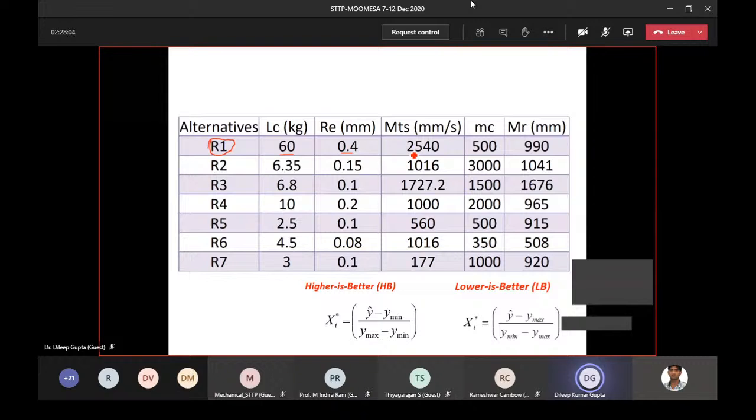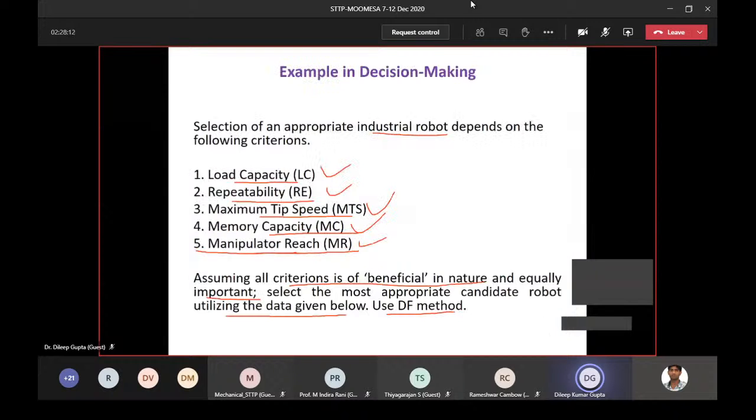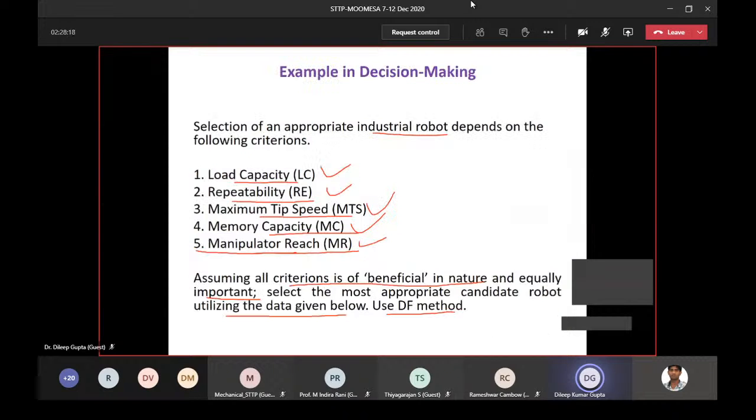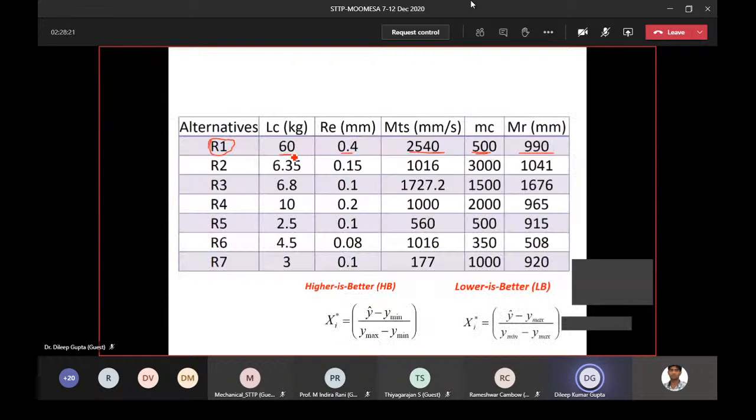Then manipulator reach is 990, maximum tip speed is 2540, and memory capacity is 500. So this is for R1. Similarly, for R2 it is 6.35, 0.15, 16, 3000 and 1041.